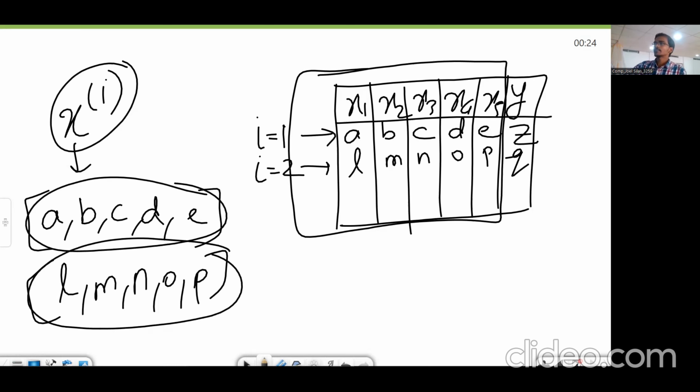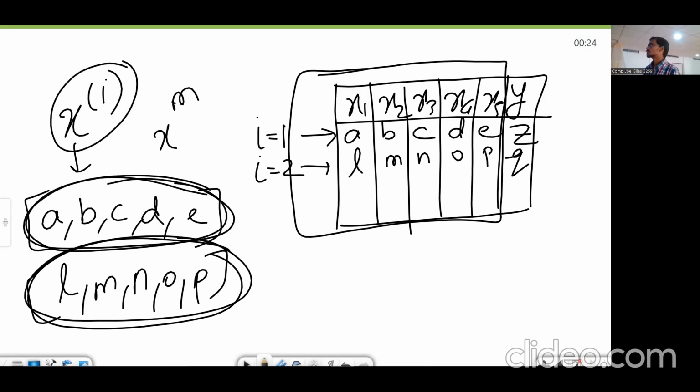So x of 1 means this one, x of 2 means this one, and so on up till x raised to m. Because we know that we have m training examples. Like this, i equal to 1, 2, 3, 4, and so on, will go up to i equal to m. Because in total, we have m training examples.